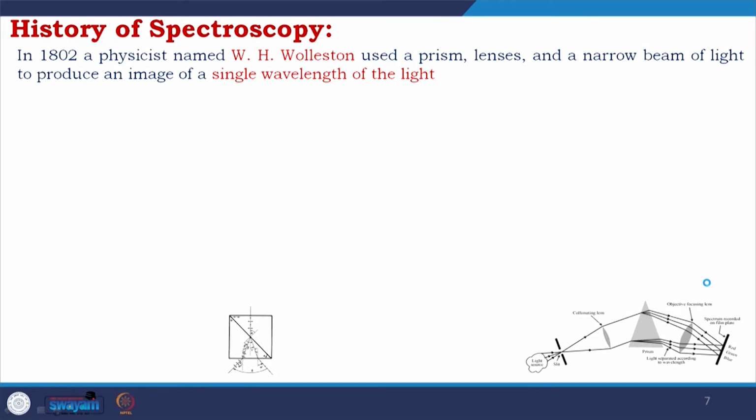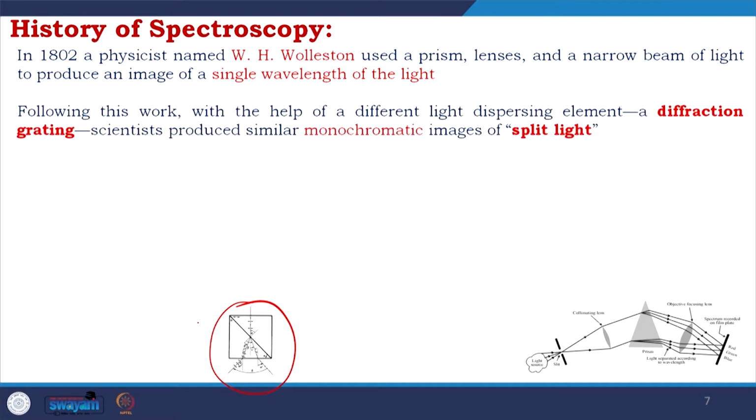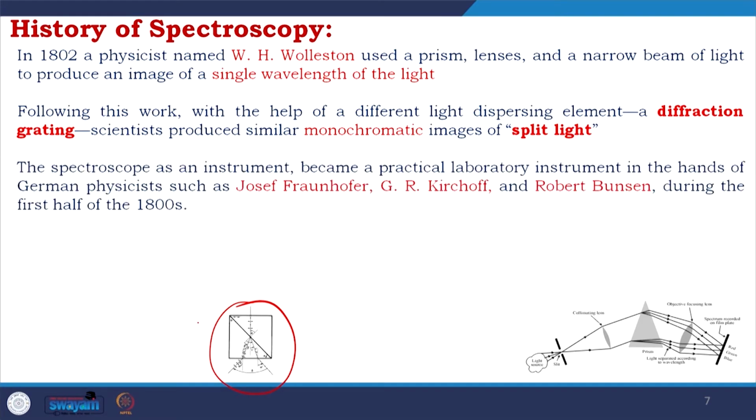So, if you see, this is the analysis of the experiment that Wollaston has done. Following this work, with the help of a different light dispersing element, a diffraction grating, scientists produced similar monochromatic images of split light. The splitting of light was coming more to the front, along with its applications.